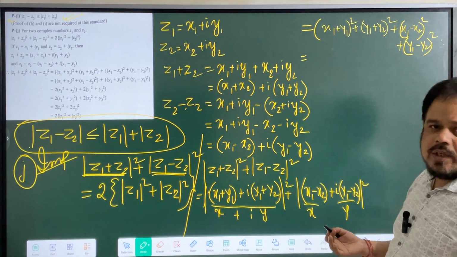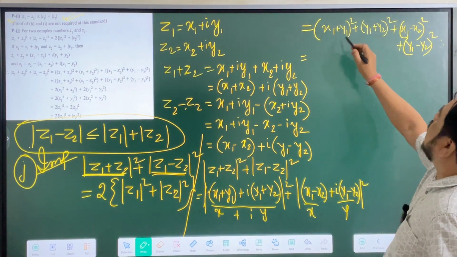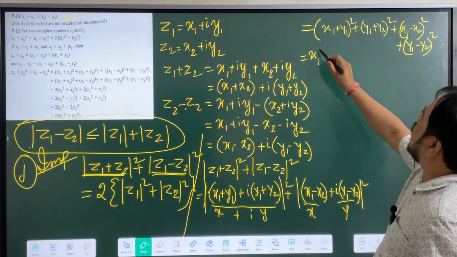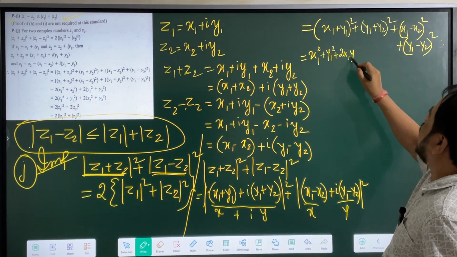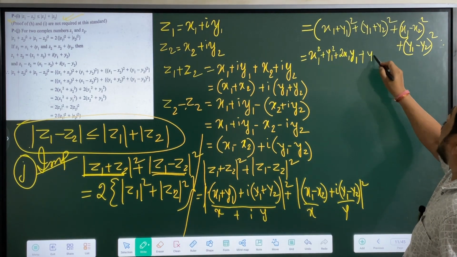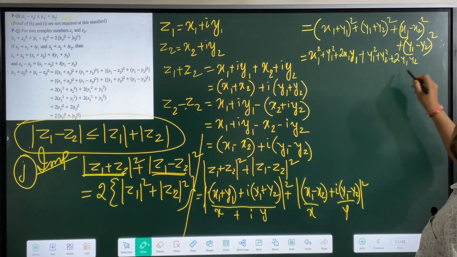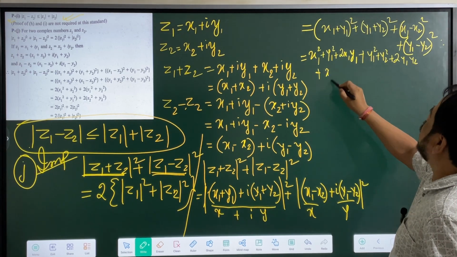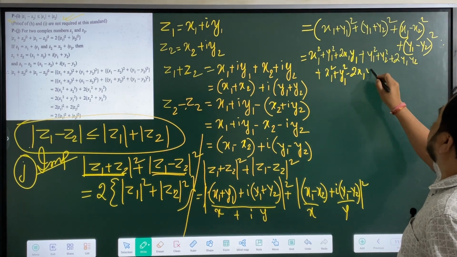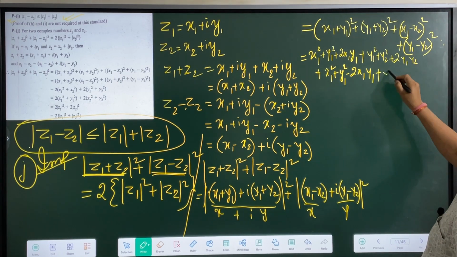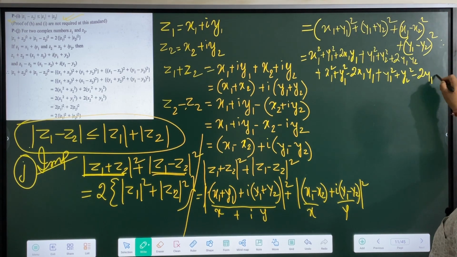Now there is nothing more, we just apply the a plus b whole square formula and the a minus b whole square formula. x1 square, y1 square, 2x1y1. This one, y1 square, y2 square, 2y1y2. This one, x1 square plus y1 square minus 2x1y1. This one, y1 square plus y2 square minus 2y1y2.